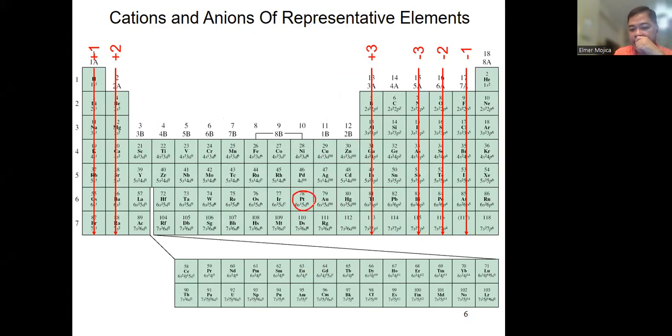So ang titignan mo lang dyan, if I'm not mistaken, is 5D, 1, 2, 3, 4, 5, 6, 7, 8. That's it. Kasi yung F is much more inner.